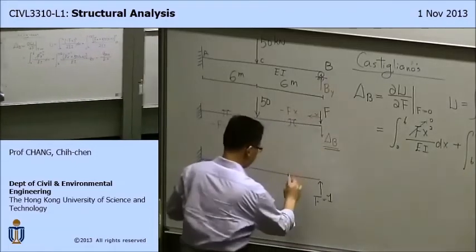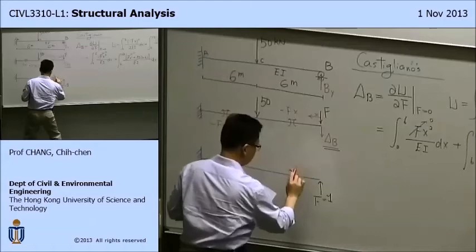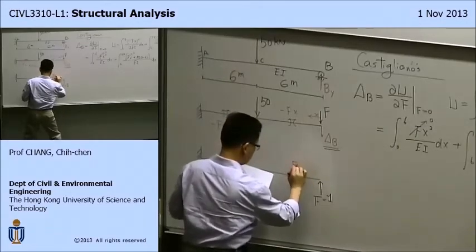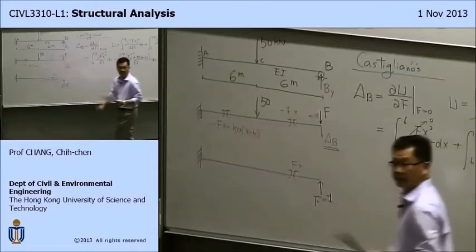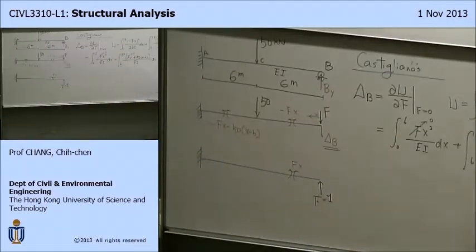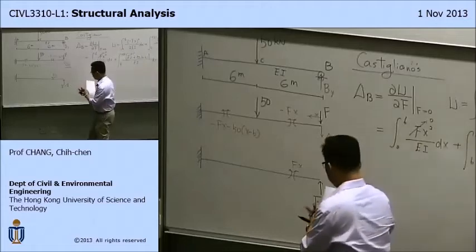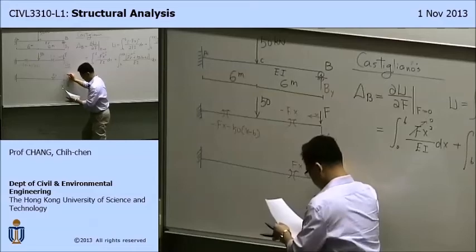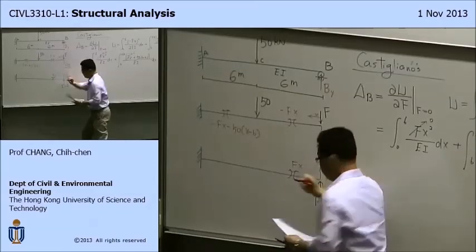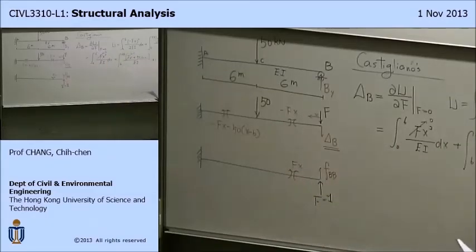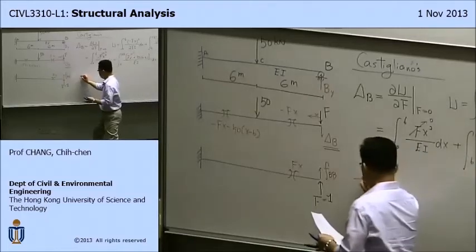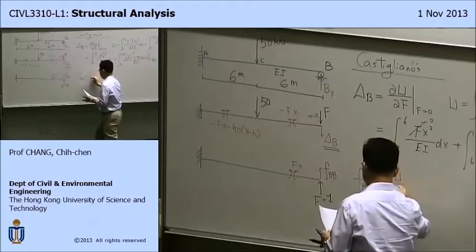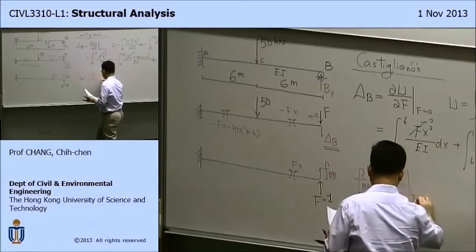So I do an analysis using Castigliano's theorem. So I'm going to obtain this flexibility coefficient fBB. This fBB is ∂U/∂F, but now F should be equal to 1.